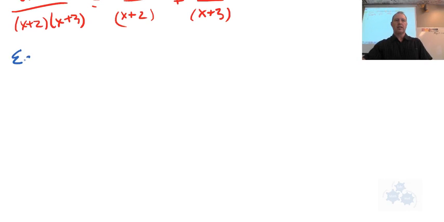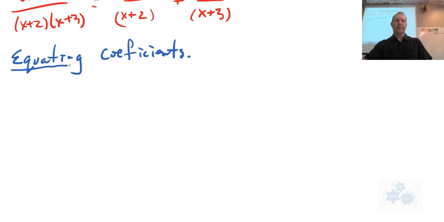Okay, so the next method is called equating coefficients. You can use one or both of these methods to solve for unknowns. You can also add simultaneous equations, different things, but these are the two big ones. So what do I mean by that?